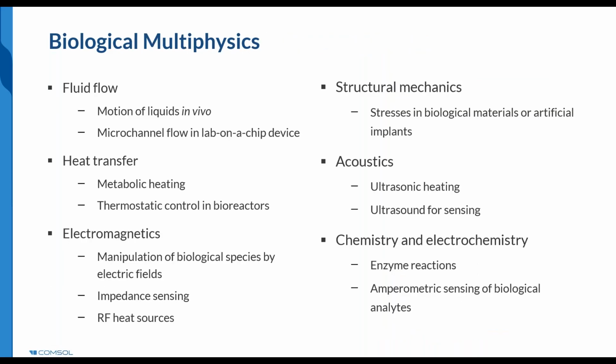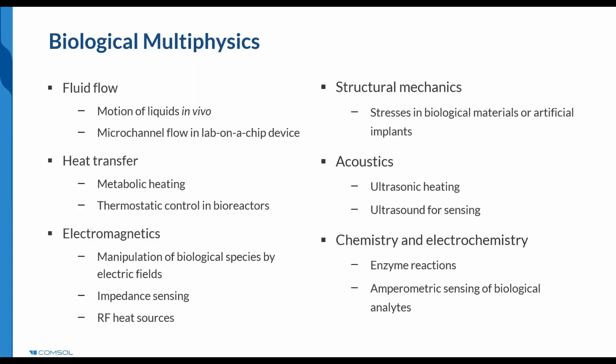So here we have a few more general highlights of the types of physics we might apply when examining a biological application. We could use heat transfer to investigate the influence of metabolic heating, or examine an application such as tumor ablation.